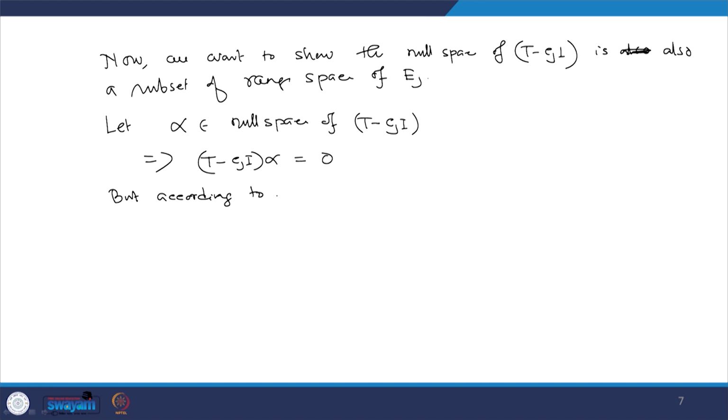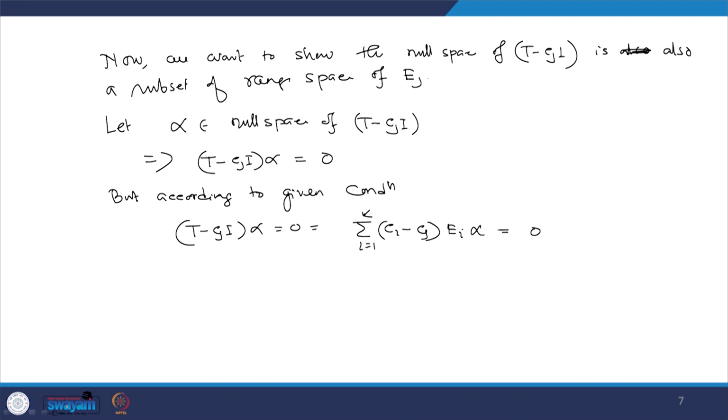According to the given condition, T minus CjI alpha is equal to 0, and I can write this as sigma (Ci minus Cj) Ei alpha, i equal to 1 to k, equal to 0, please.